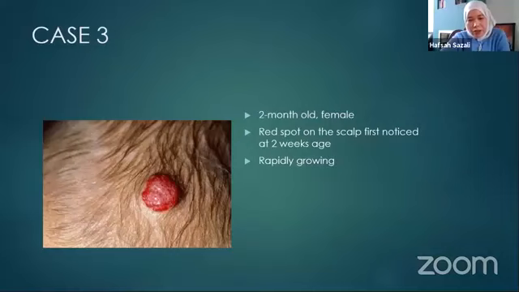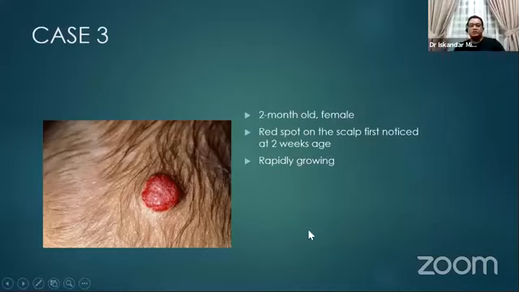Has it grown rapidly, or disproportionate to the child? And you should assess as well if there's any ulceration. Sometimes some patients can get multiple infantile hemangiomas, in which case we have to perform further investigations, and we can go through that as a topic for infantile hemangioma on another day if you want.